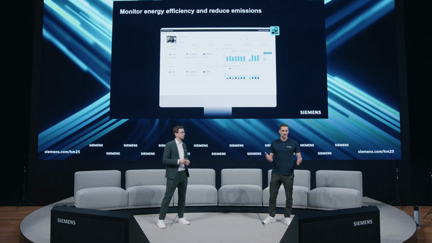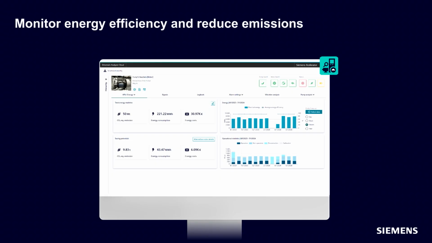So yeah, what's inside the cloud actually? So inside the cloud, you have full transparency about the energy consumption of your drivetrain. Then you can also see the CO2 emissions based on the grid mix where your drivetrain is located, so the grid mix in your country. And additionally, you have the costs of your drivetrain for a specific period of time.